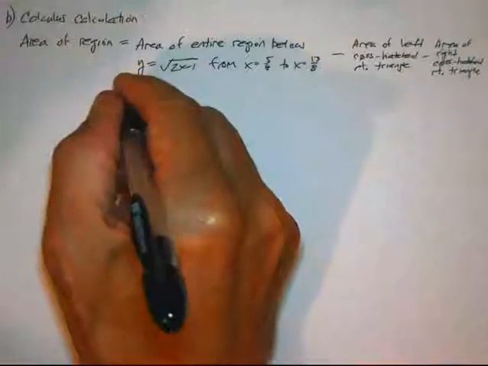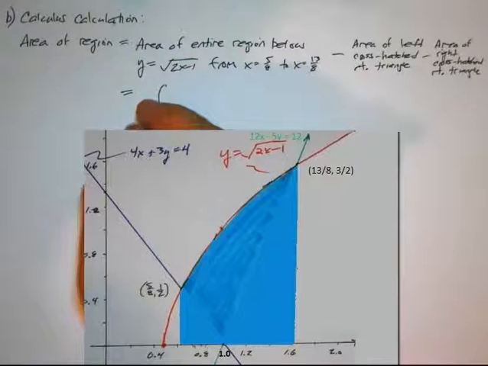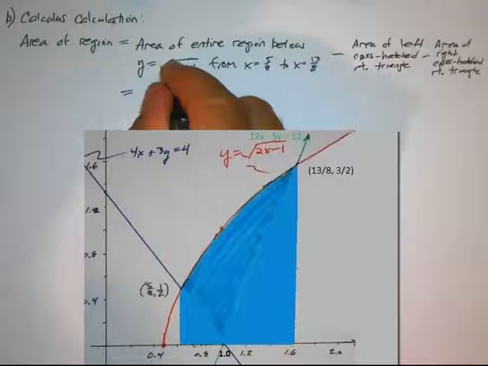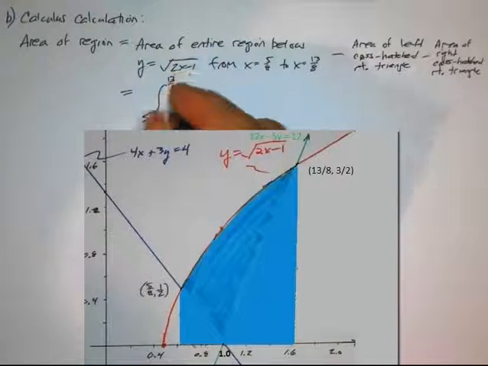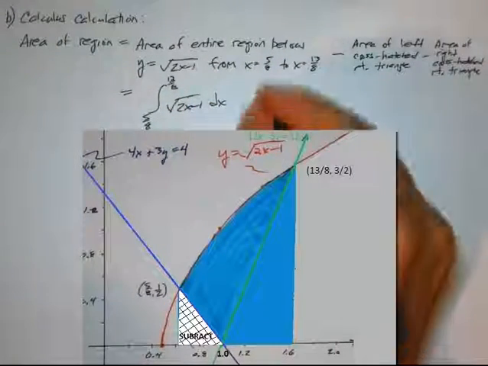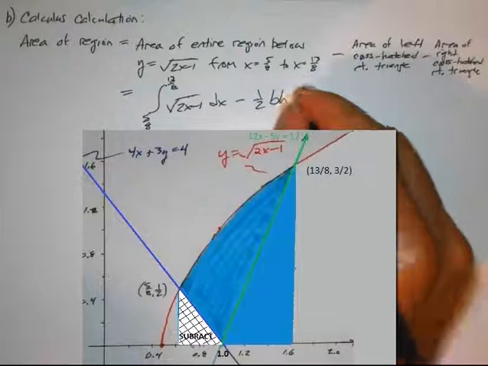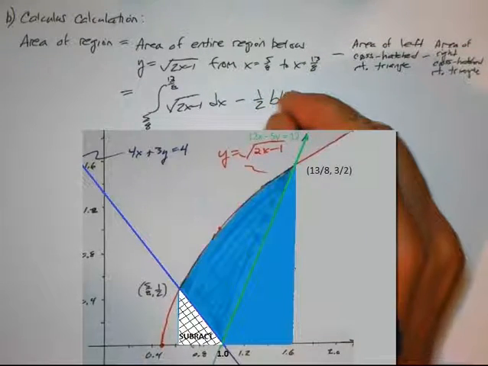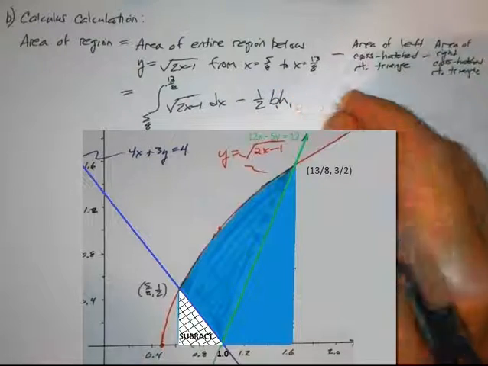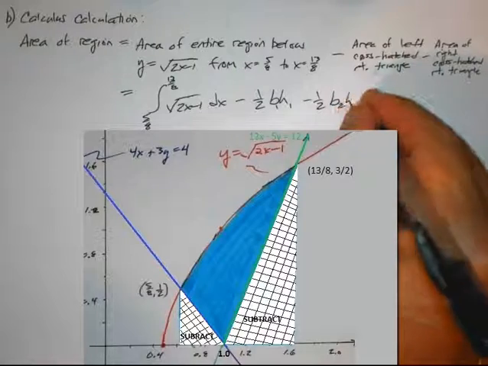And so that will give us, this is equal to, a definite integral, 5/8 to 13/8 of square root of 2x minus 1 dx, and then we'll minus 1/2 base times height of the first triangle, I guess we'll call it B1, H1, and then we'll subtract 1/2 B2, H2.